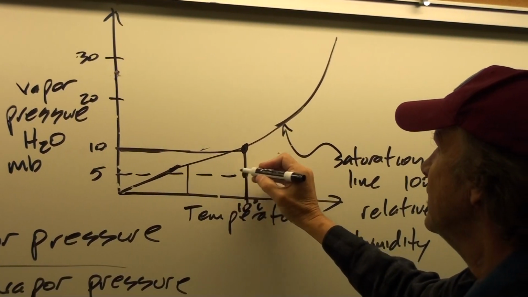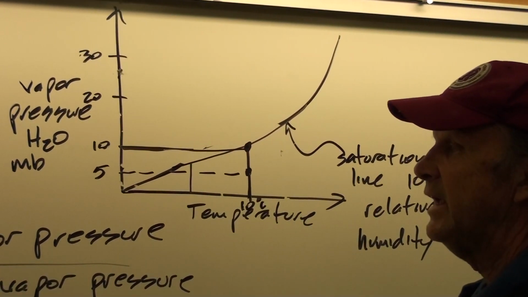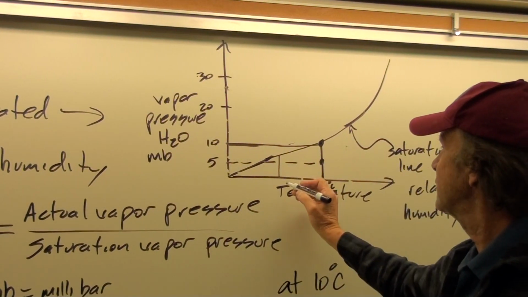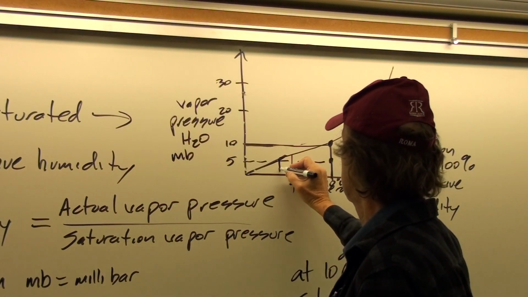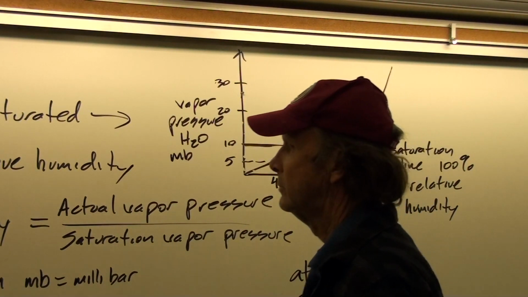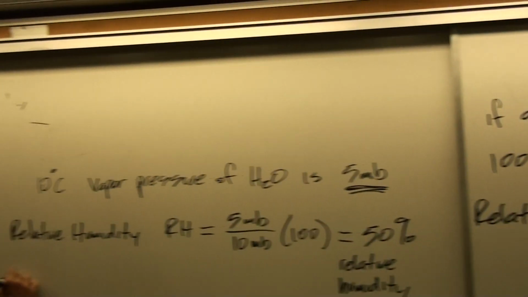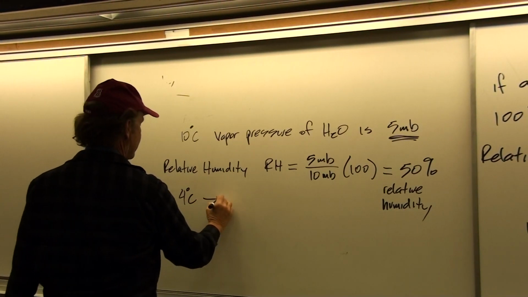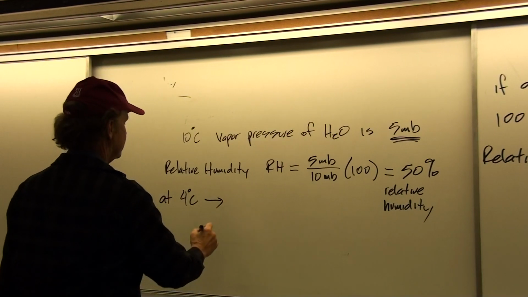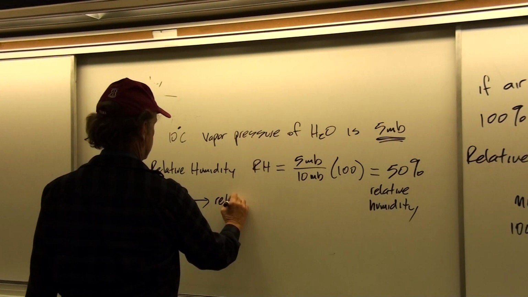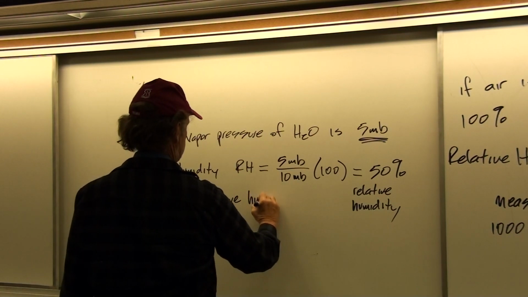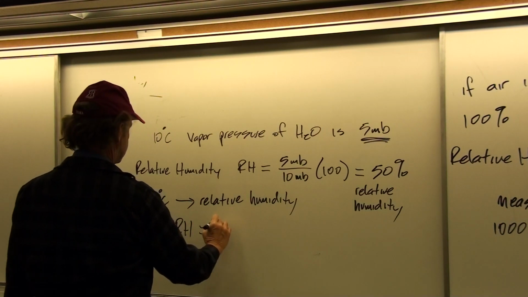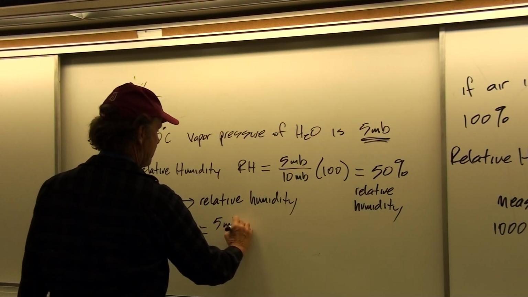But then, let's say that you maintain the same vapor pressure, but then later in the day, the temperature drops down to 4 degrees centigrade. And at that point, we reach 100% relative humidity. Because that's equal to 5 millibars.